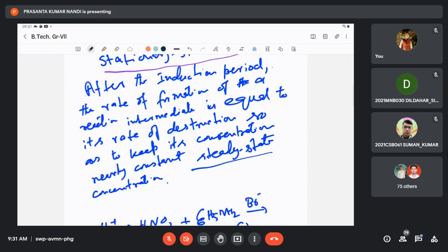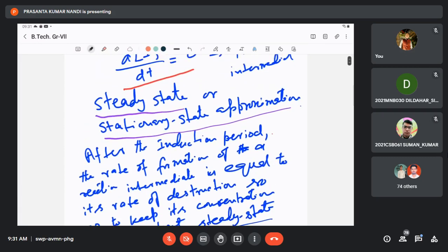That we call the steady state concentration. Okay.